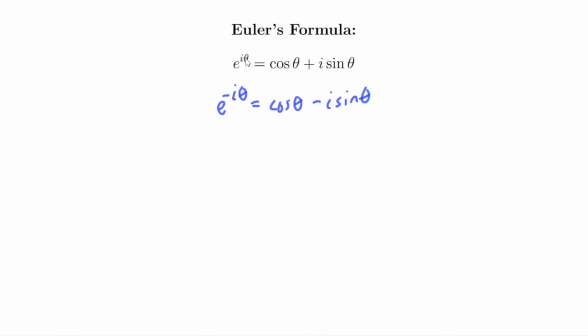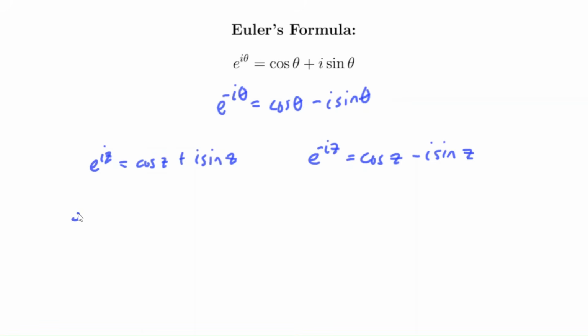But what if we replace these thetas in these formulas with z, a complex number z? Well, Euler's formula would be e to the iz equals cosine z plus i sine z. And this version of Euler's formula would say e to the negative iz equals cosine z minus i sine z.